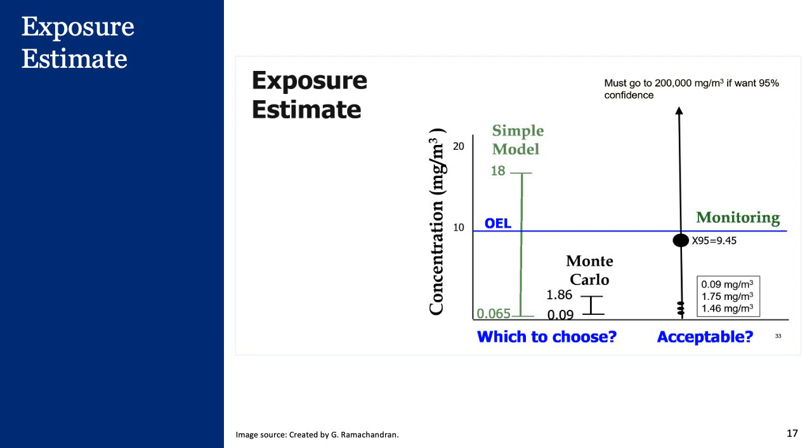We have always assumed that monitoring data are the gold standard and more reliable than modeling. But in fact, I would argue it's the opposite. Modeling results are much more useful and much more certain than the results of small sizes of monitoring data.